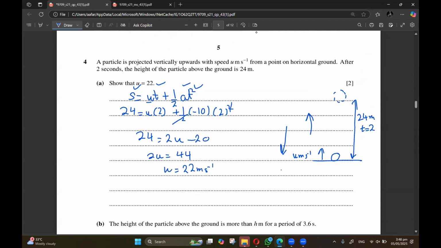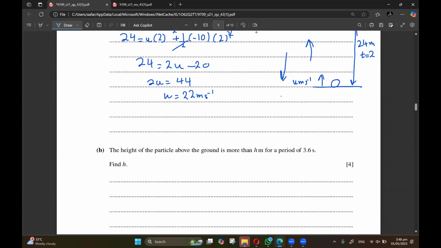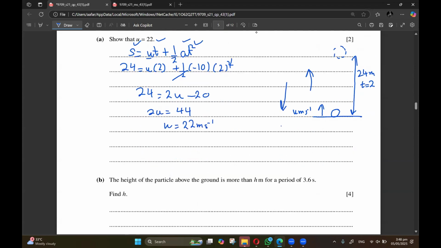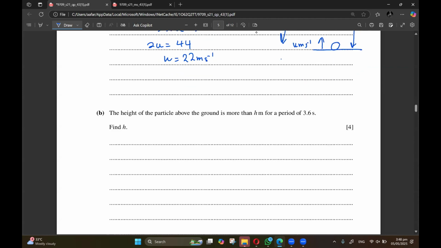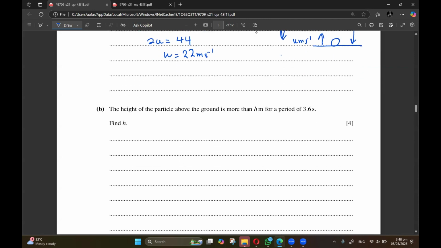Okay, now the height of the particle above the ground is more than h meters for a period of 3.6 seconds. Find h. Let's think of the scenario as this. This is u projected vertically upwards, so let's say this is its path.